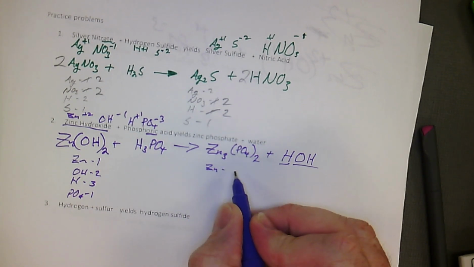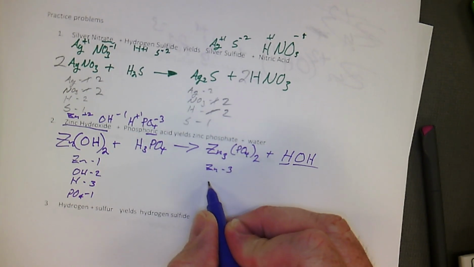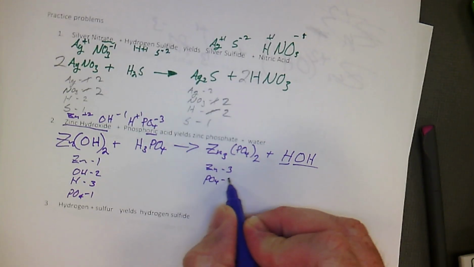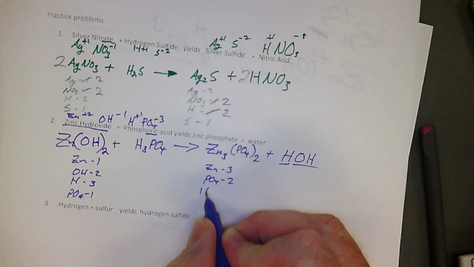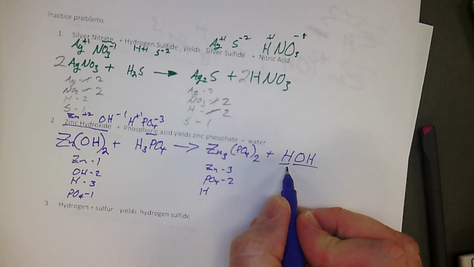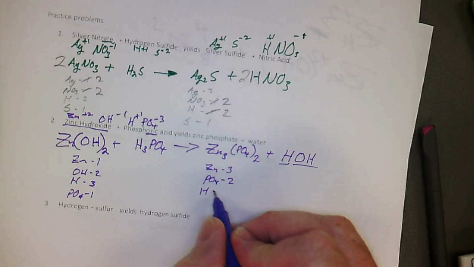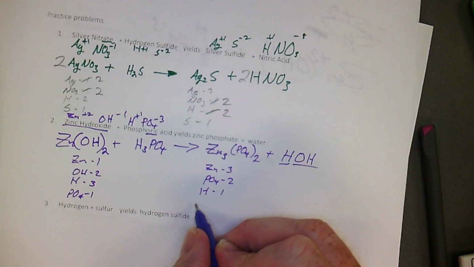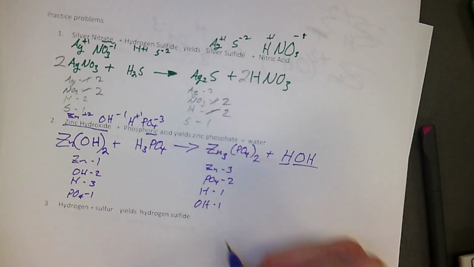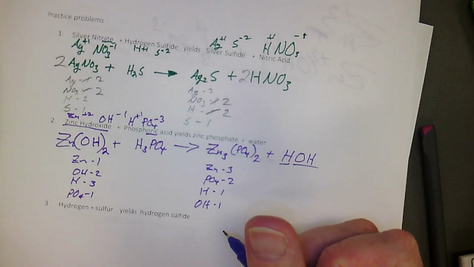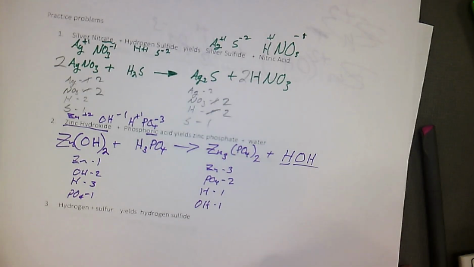On the other side, we have zinc, we have 3, PO4, we have 2. H, so I only have one H if I write it this way. Does that make sense, Lila? All right. Oh, sorry. And I only have one hydroxide. Does that make sense? Okay, perfect. Good question. I really like that question.